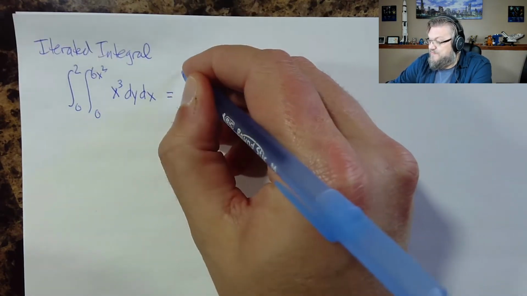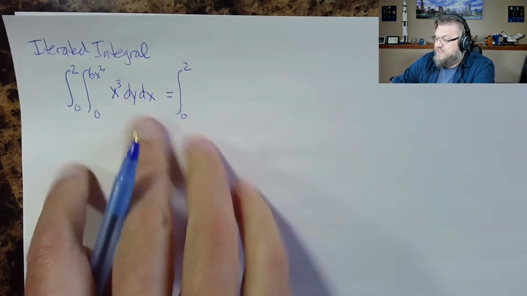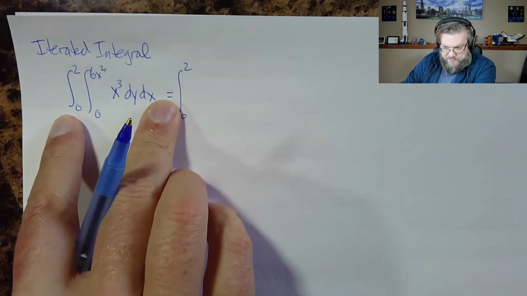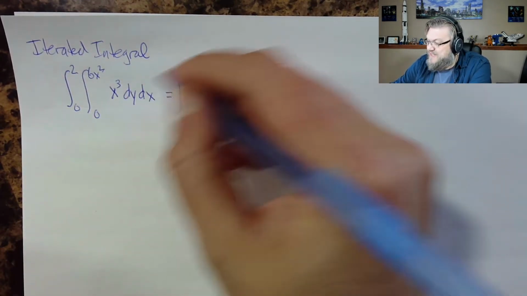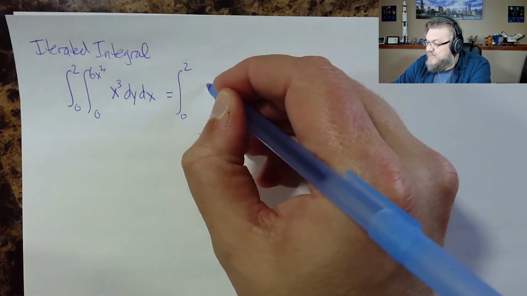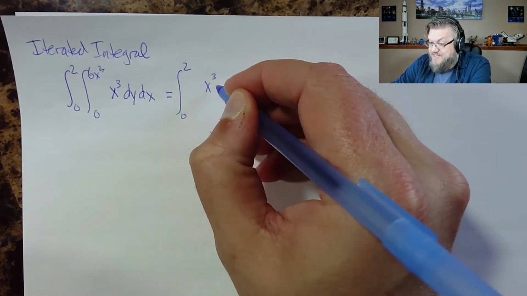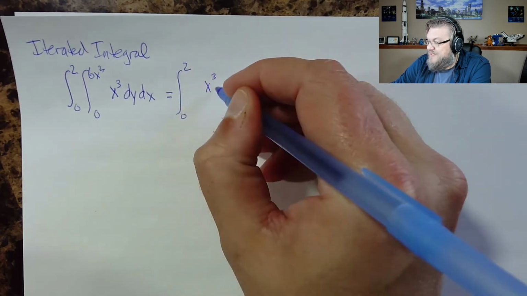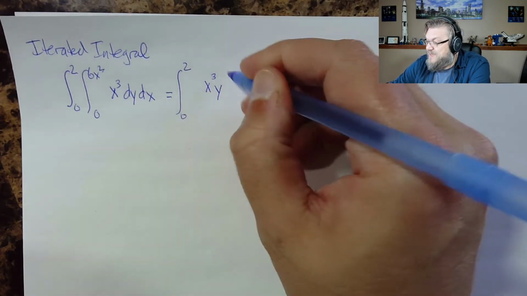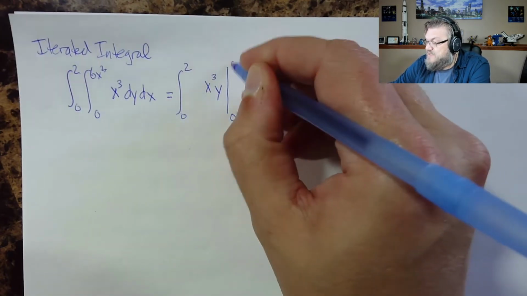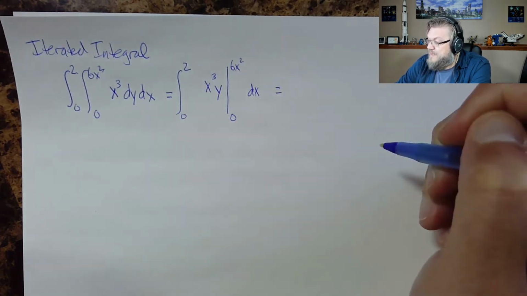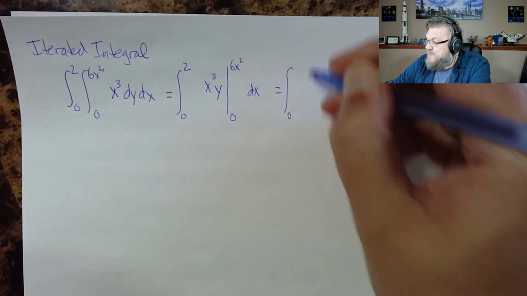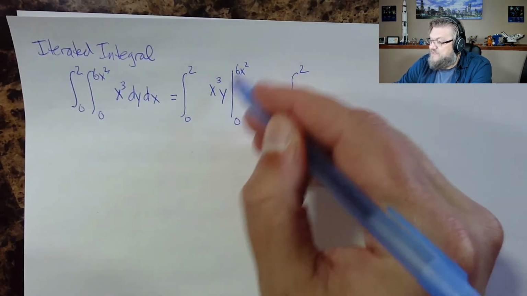So here's what I'll do. You basically treat these as parentheses for now, the integral from 0 to 2 and dx. Treat those as parentheses right now, and then go ahead and integrate this. This is going to be x cubed, that's a constant for now, times y, evaluated from 0 to 6x squared. And then you go ahead and plug in for y these values.